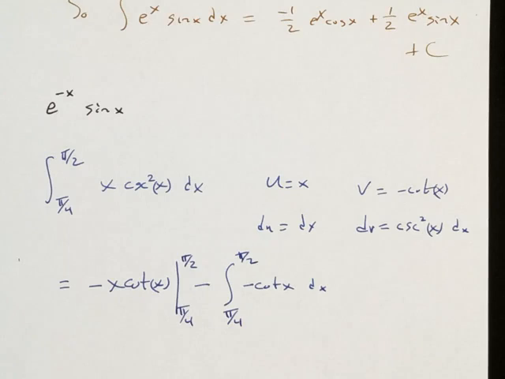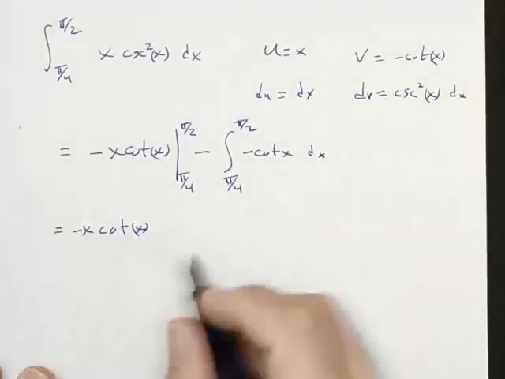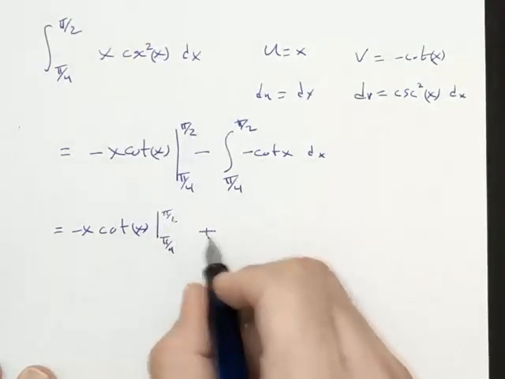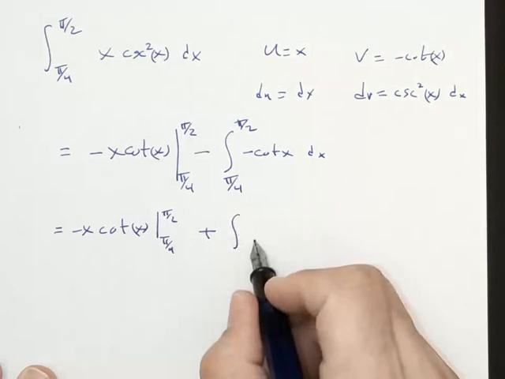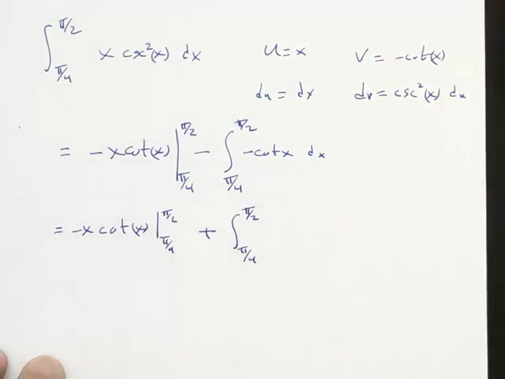Minus a minus is a plus. So I'm going to turn this into a plus. So I have x cotangent x with a minus sign, pi over 4, pi over 2, plus the integral from pi over 4 to pi over 2 of cotangent.